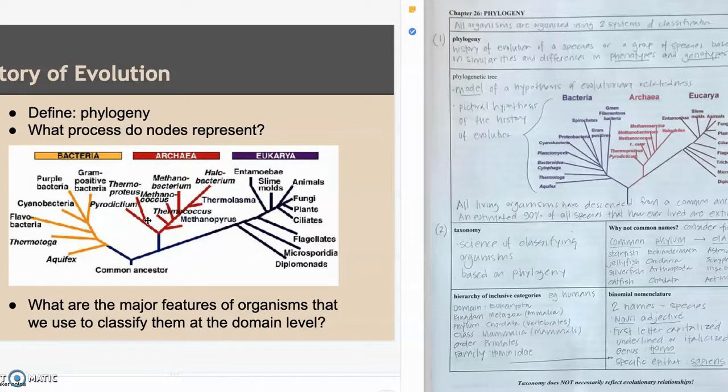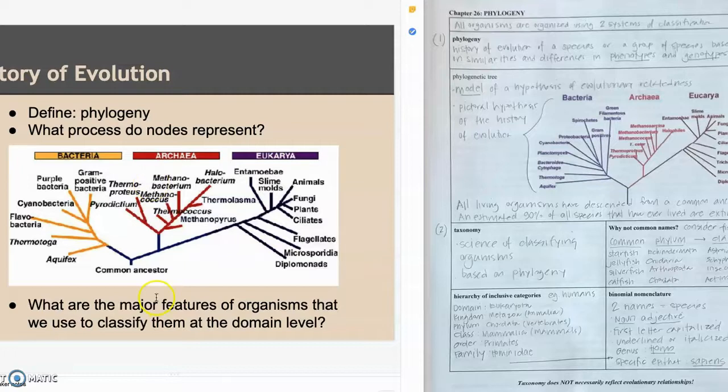If you answered speciation, you're right, that's a speciation event. A phylogenetic tree is showing each time there's been enough change that you end up with two species coming from a single species. So one species doesn't evolve from another, but one species evolves into two species, right? That's speciation.